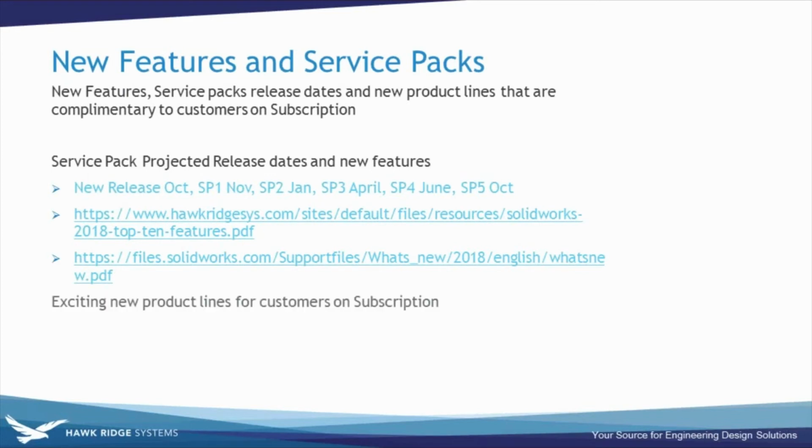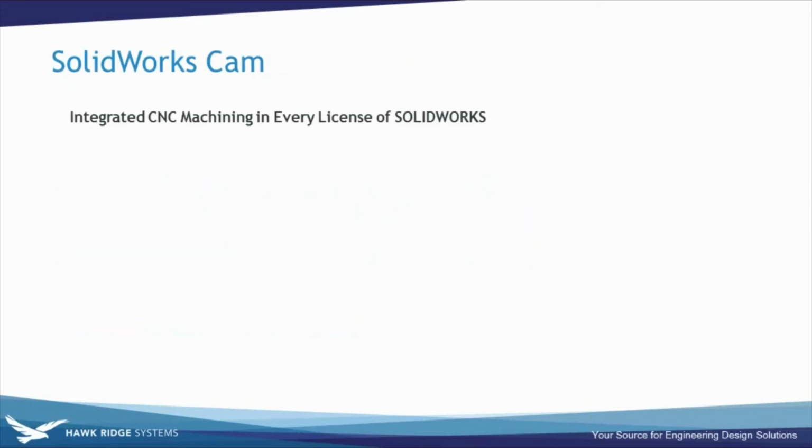SolidWorks is really proud to announce they have a couple of new product lines for customers that are on subscription. Those product lines include Cam and Visualize Standard. SolidWorks Cam is integrated CNC machining in every license of SolidWorks.